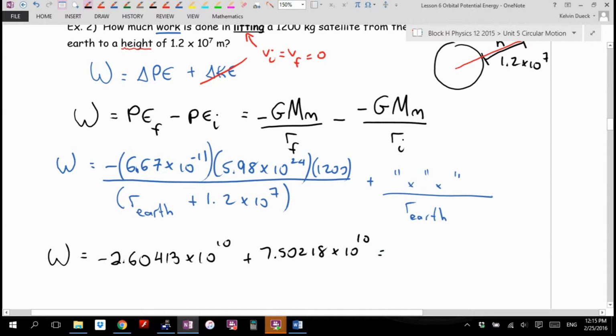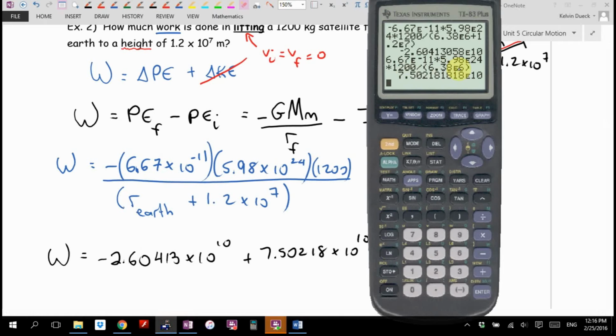Mitchell, we're going to come all the way back to you. You told me that change in anything was final minus initial, which I've done. It did become a minus, which is a plus. So I think all I want to do is add these together. Yes? Oh, but Mitchell, don't I already have this number stored on my calculator?